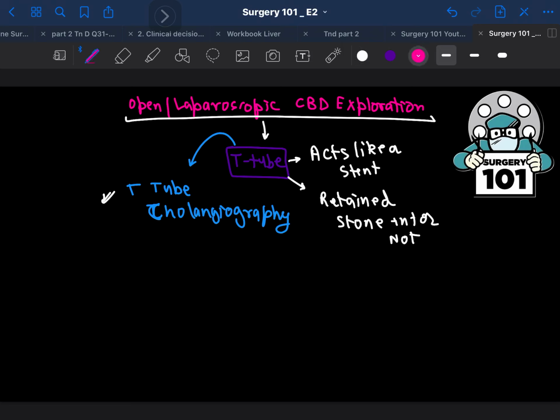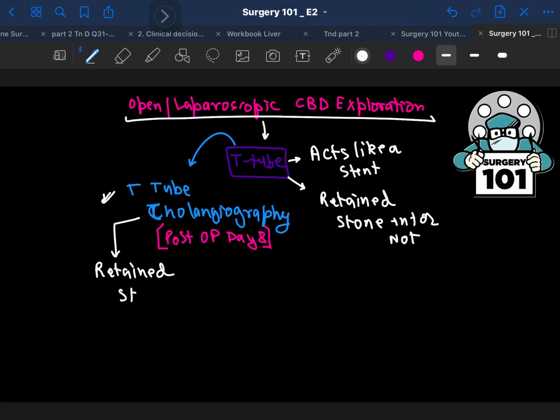You perform a T-tube cholangiography on post-operative day 8. When you perform a T-tube cholangiography, what are you basically looking for? You're looking for any retained stone.